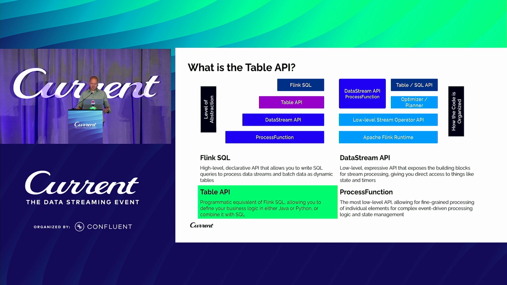They very much work in the same way, and the entire operator topology is determined by the planner and the optimizer. It's not that the Table and SQL API are implemented on top of the DataStream API. In fact, they are two completely separate APIs, which offer the same capabilities and functionalities. And both, in the end, are built on top of the very same low-level stream operator APIs.